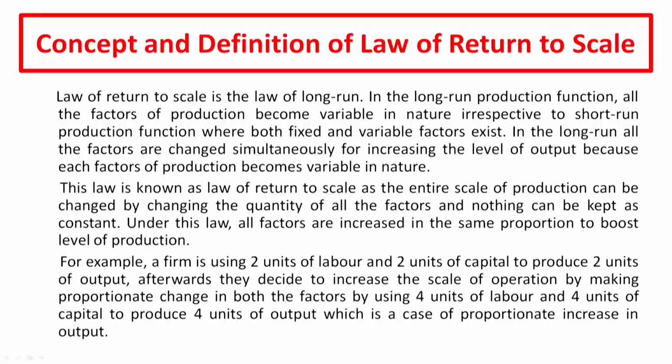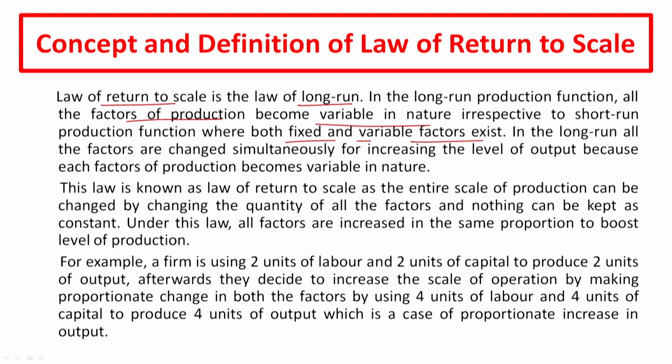That means the proportion of each factor of production is the same. Simultaneously you are increasing every unit of factor. So, basically the law of returns to scale is a long run law where all the factors of production are variable in nature, in contrast to the short run production function where both fixed and variable factors exist.